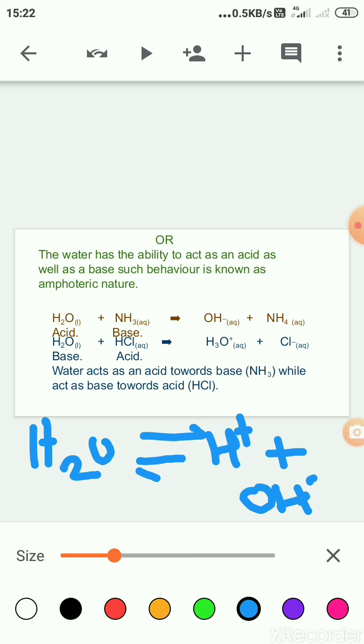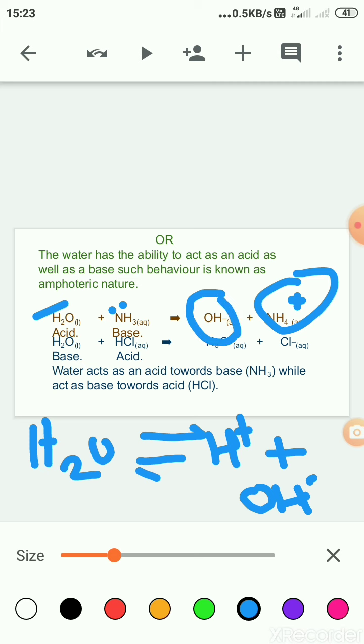For example, water reacts with ammonia, NH3. Nitrogen in ammonia has a lone pair of electrons, which it uses to accept the H plus ion, and it forms the ammonium ion, NH4 plus, along with hydroxide ion.